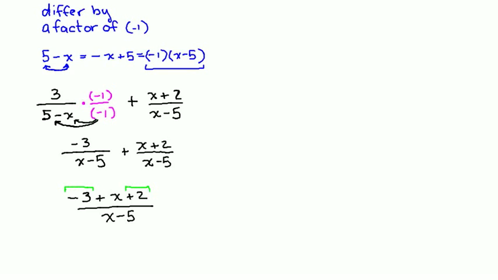The x does not combine with any other terms, so we now have x minus 1 over x minus 5 as our final answer. This problem stayed fairly simple, even though it might be a little bit tricky. It did not involve lots and lots of heavy algebra to get to our final answer.